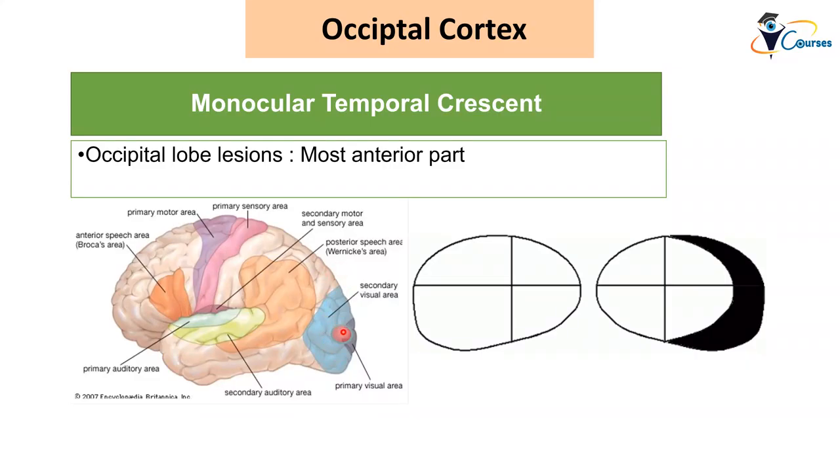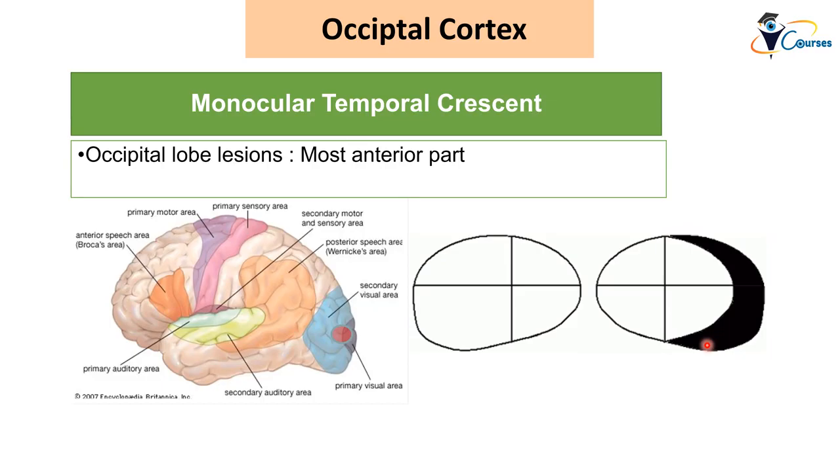So what happens if there is a lesion in the most anterior part of the occipital lobe? This will result in involvement of the far nasal fibers, or peripheral nasal fibers. And these peripheral nasal fibers are represented by the far temporal field. And this will result in loss of the far temporal periphery of the contralateral eye. And that's why it's called the temporal crescent. It will cause loss of the far temporal periphery of the other eye, resulting in the appearance of a crescent.